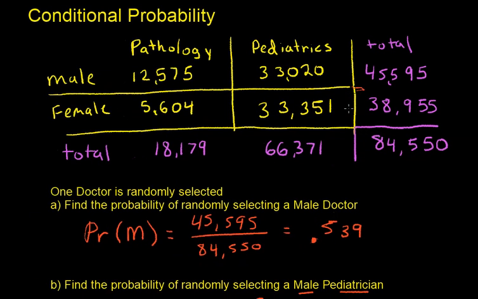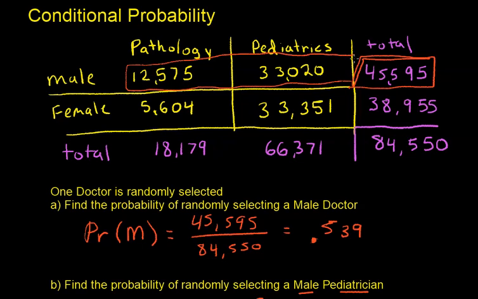Because it's been given that the person that was selected is male. So this now becomes basically our new sample. It's just these two numbers here. All right, so now we're trying to figure out the probability of them being a pediatrician given that they are part of this male group.